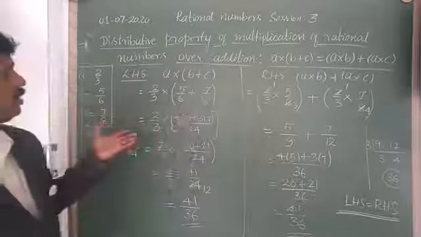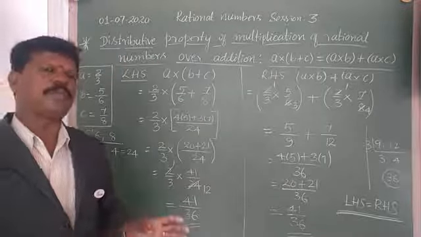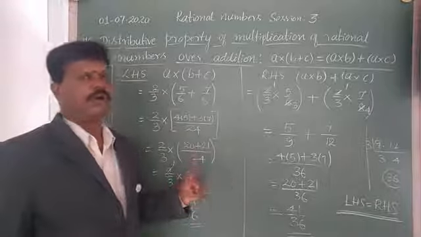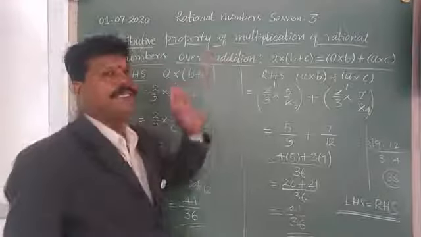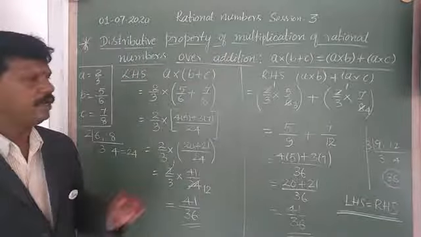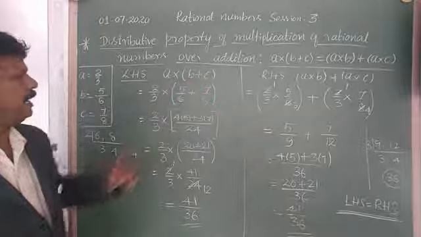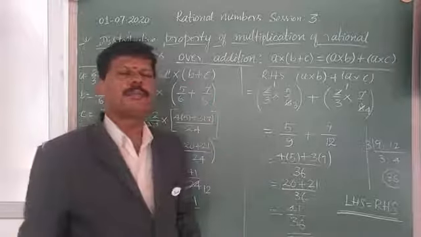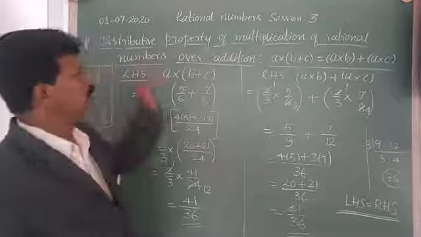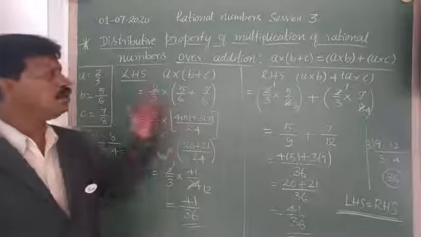So for any rational numbers, this property holds good. The distributive property of multiplication over addition holds good. So this is the way to check the property. All these things will carry 3 marks, 4 marks questions, even for 2 marks also.